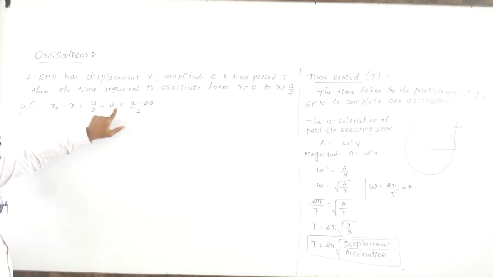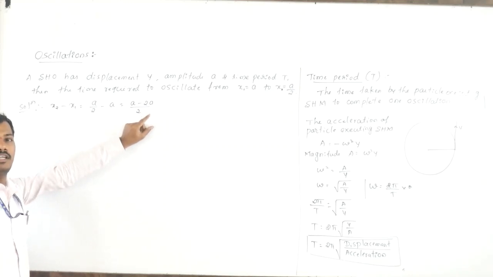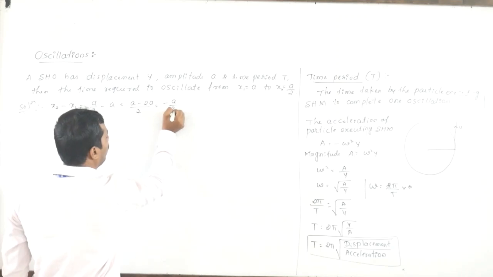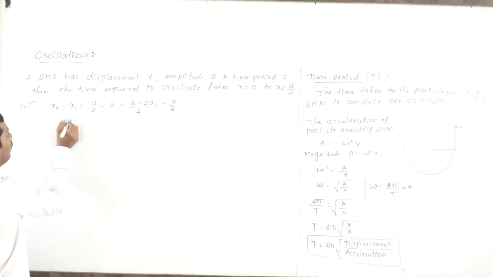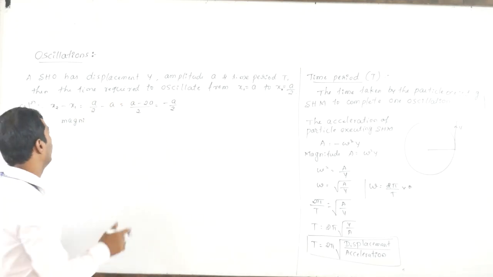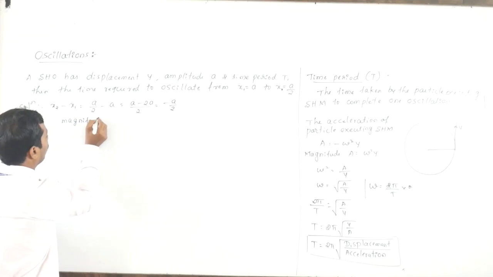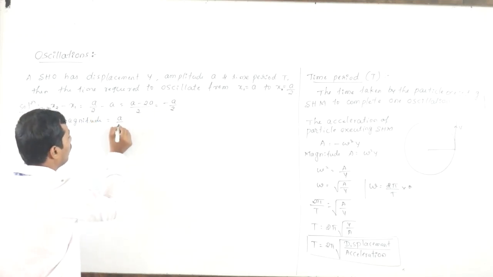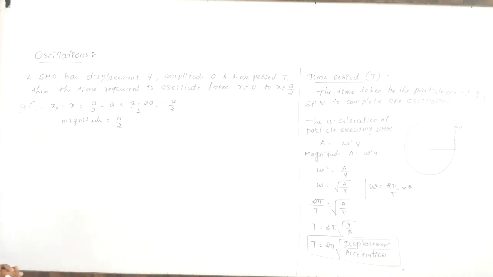It becomes minus A by 2. The magnitude becomes A by 2, because it is a displacement that is continuously moving and negative, so we remove the minus sign: A by 2.